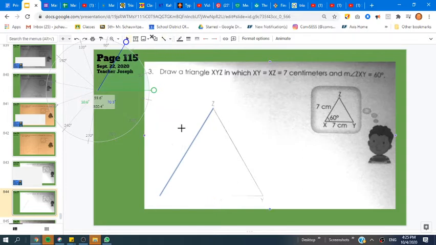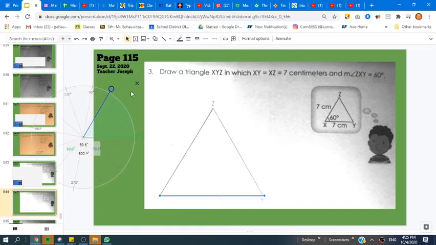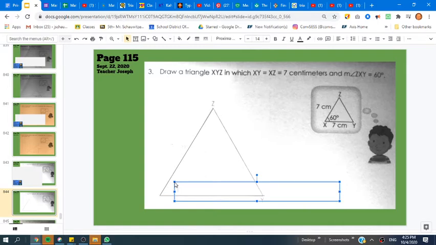And let me draw that last one. We're going to connect X with Y. And you're supposed to label your measurements, boys and girls. You're supposed to label them 60 degrees. I'm actually going to check this to make sure it actually is 60 degrees.